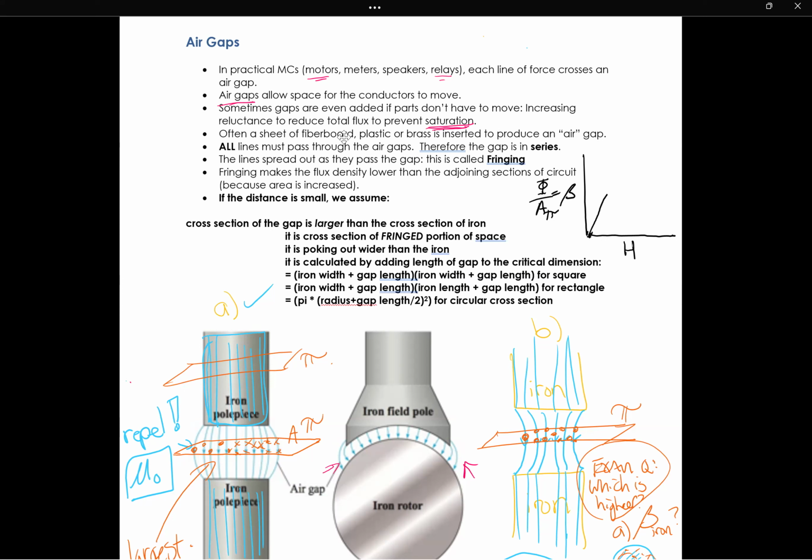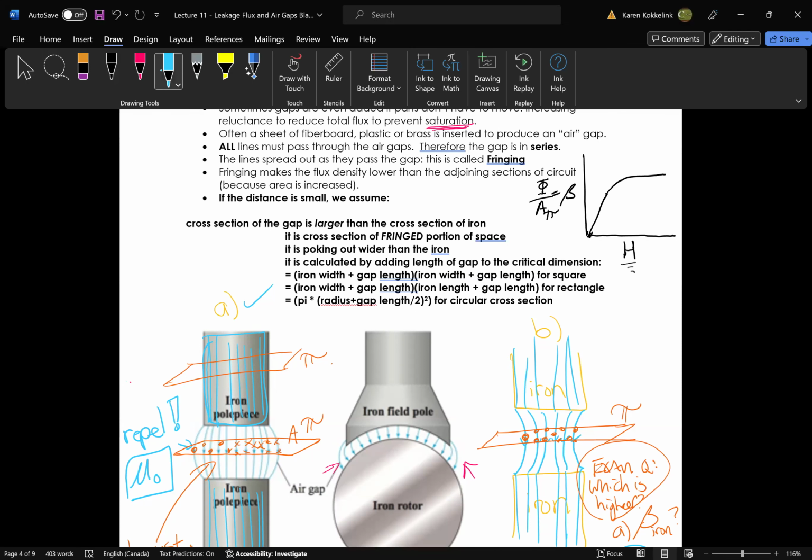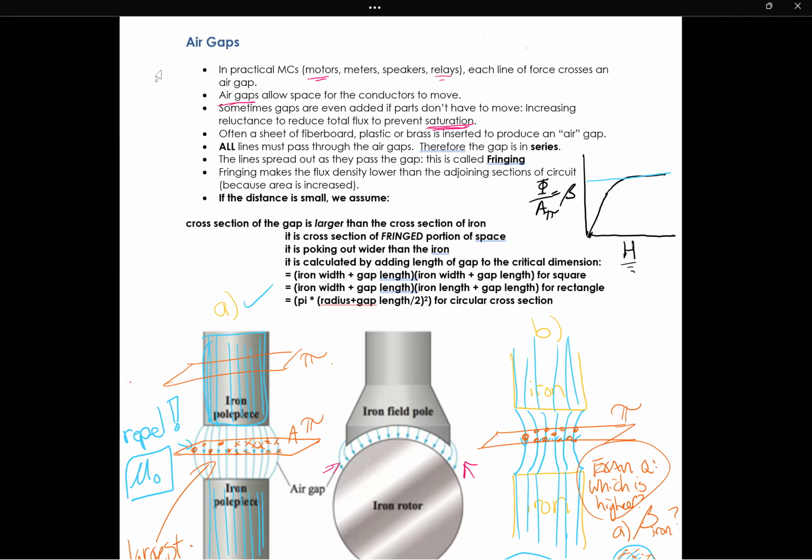So as that increases, we get more magnetic field strength, like a stronger magnetic field. But that's only to a point. We can't go on to infinity and make a stronger and stronger magnet, because that circuit or that material gets saturated at some point. So this is called magnetic saturation.